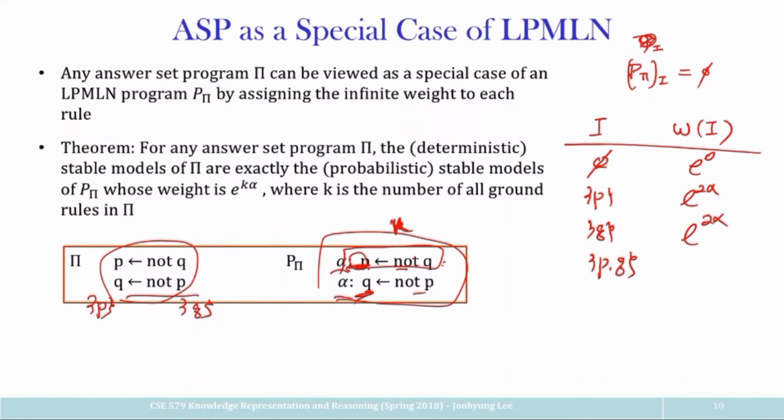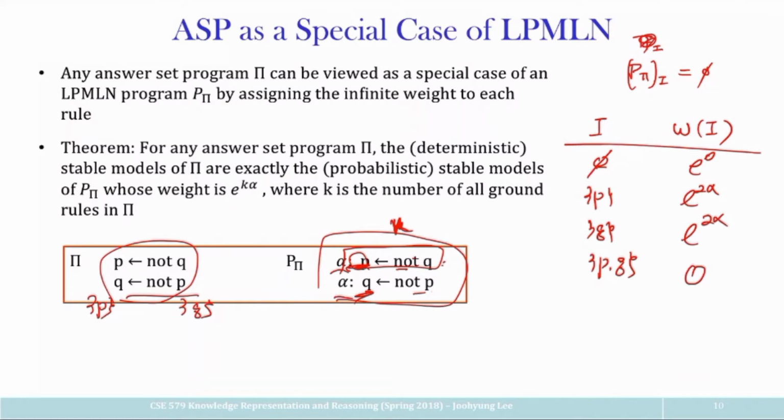So the subset is also the whole program. Are we together? Okay. Is PQ a stable model of the whole program? No. Obviously not. So what is the weight? It will be 0. Good. No, it's not e to the 0. It's actually 0. Okay, so there's a slight difference between the first case and the last case. All right, good.